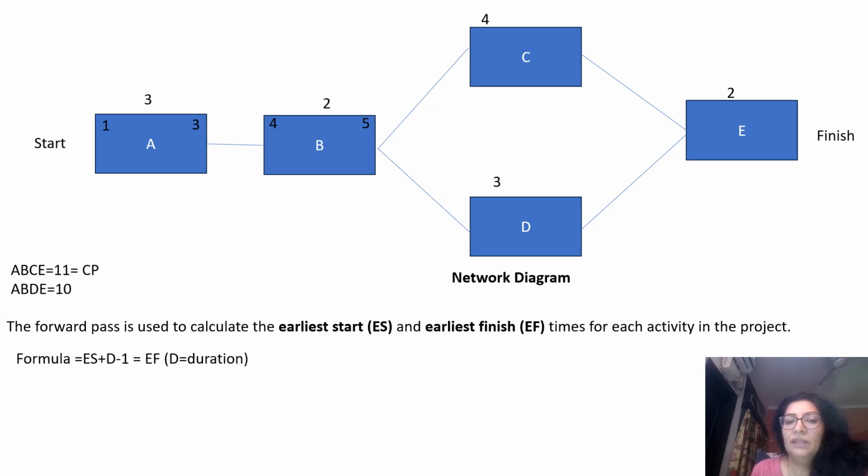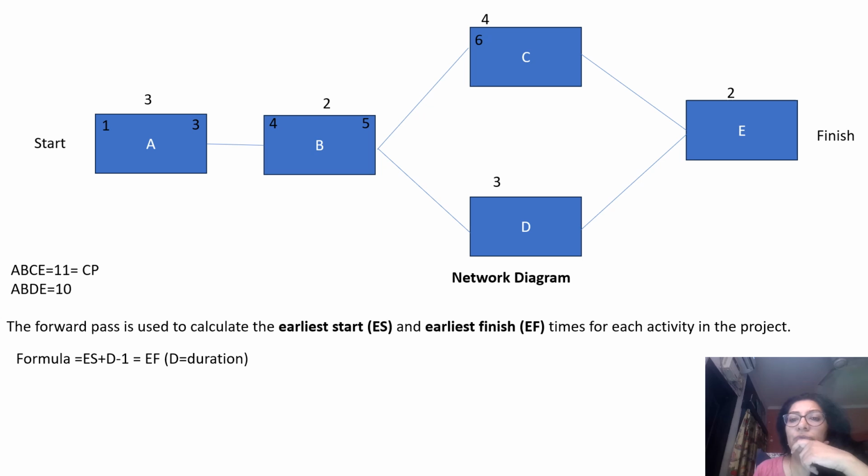Now, what would be the start day for activity C and D? So the start day for activity C and activity D would be day what? Day 6. So this is day 6. We are going to start this activity.